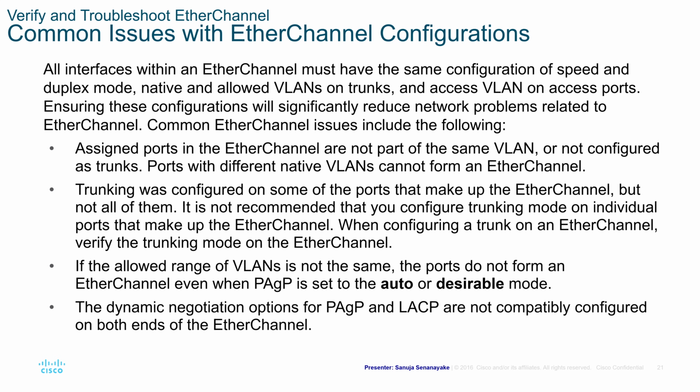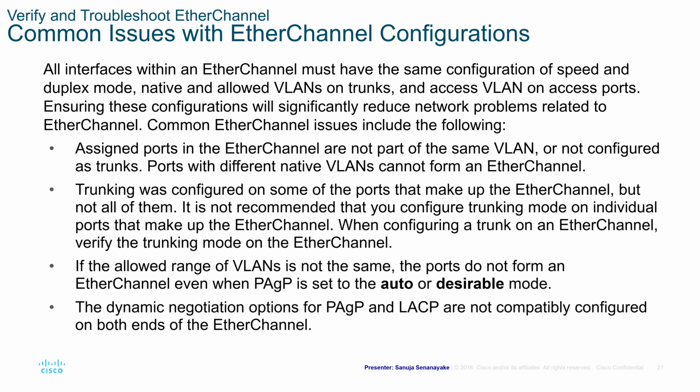If the allowed range of VLANs is not the same, the ports do not form an EtherChannel even when PAgP is set to auto or desirable. Remember that. Allowed VLAN range has to be the same as well. So make sure that it is the same. If the dynamic negotiation options for PAgP and LACP are not compatibly configured on both ends of the EtherChannel, that will also result in not forming your EtherChannel.